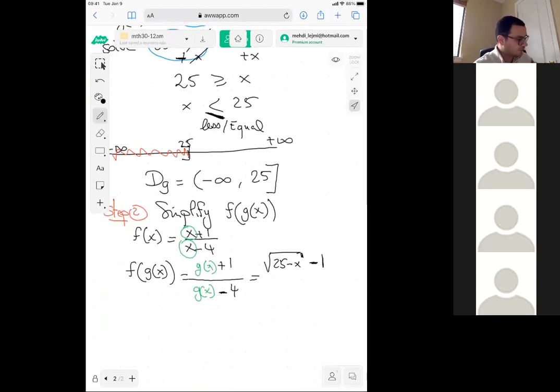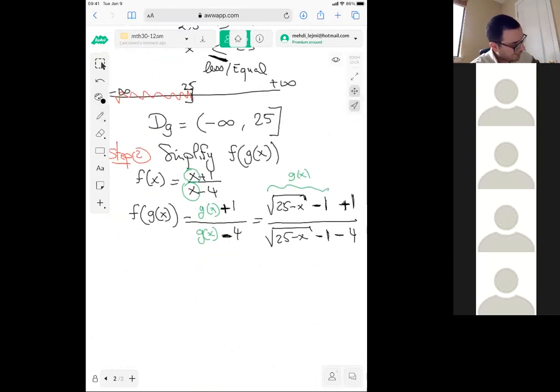That's my g of x. And then there's a plus 1, guys, right? So I'm going to need a plus 1 here, over, again, g of x, square root of 25 minus x minus 1, and then there is this minus 4. So here's my minus 4.